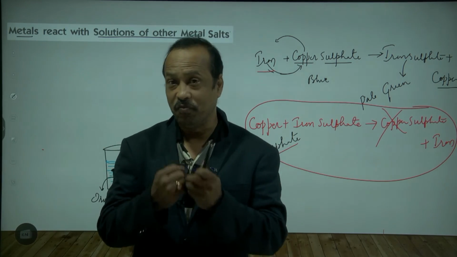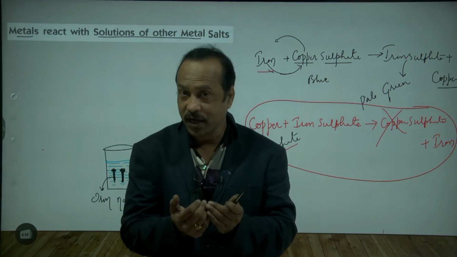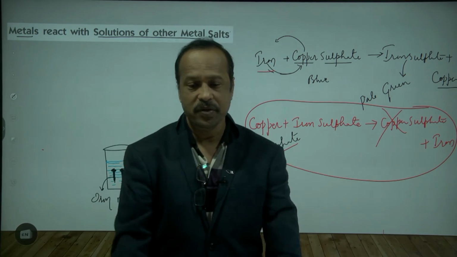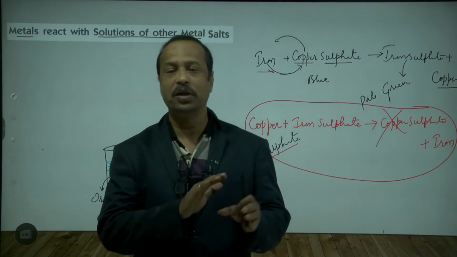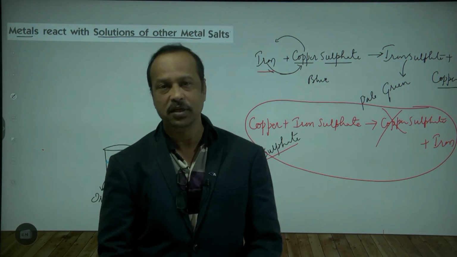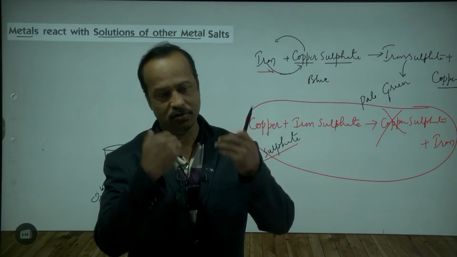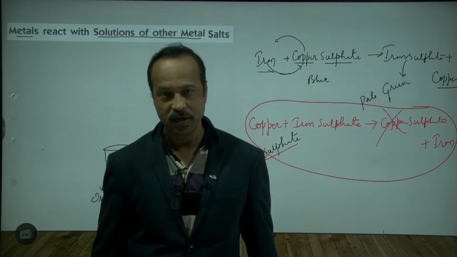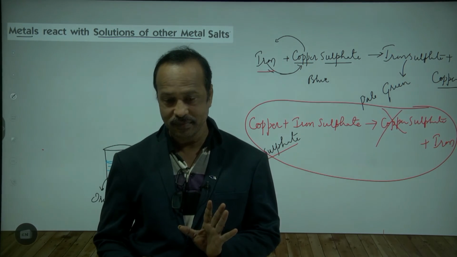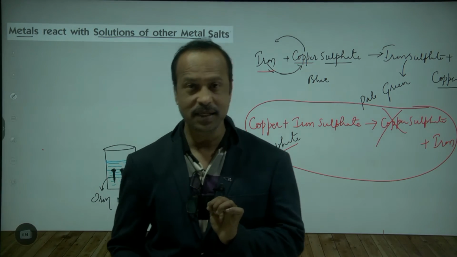Some are very reactive, some are moderately reactive, some are least reactive. Means some react very easily, some react normally, and some are least reactive, lazy metals, so they do not react at all. Such types of metals are there. Yes or no?